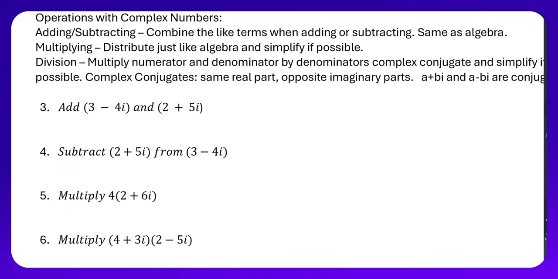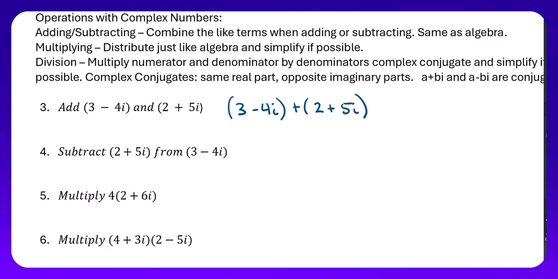Operations with complex numbers. Here's the very nice thing about operations with complex numbers. You can treat i, for the most part, like a variable. The only time you have to do additional work because it's imaginary is if you get an i squared, i cubed, i to the fourth, i to the 33rd, if you will, stuff like that. So for this first one, when it says add, essentially, okay, when we're adding, here we have 3 minus 4i plus 2 plus 5i.